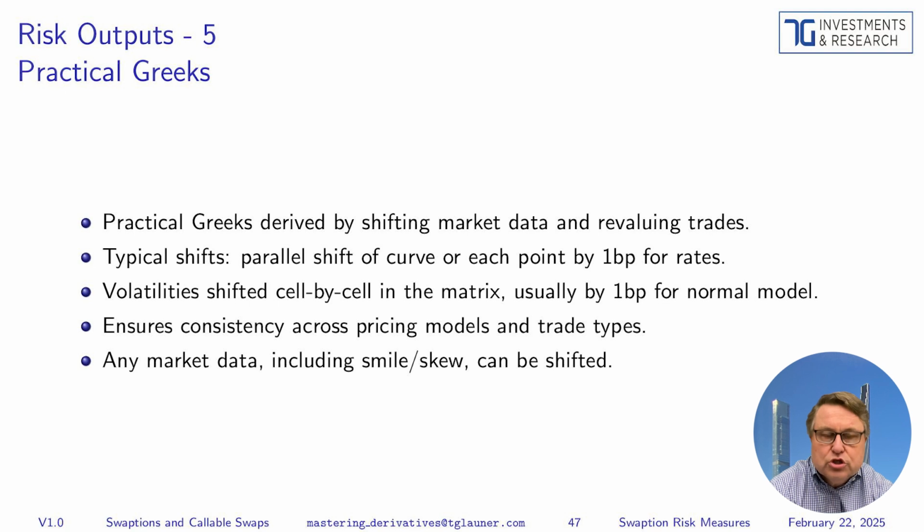This approach ensures consistency across different models and trade types. Since various trades rely on different models, shifting market data provides a uniform methodology, whereas summing closed-form derivatives across different models and formulas can be less reliable. Additionally, practical Greeks allow for a flexible application of similar methodologies to various types of market data, including smile and skew effects.